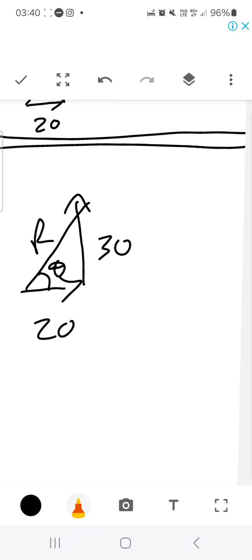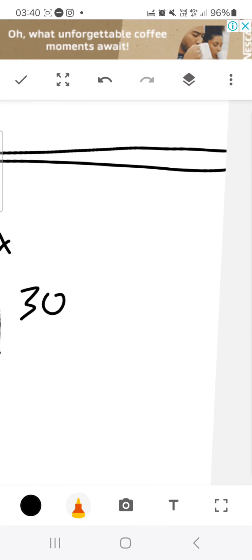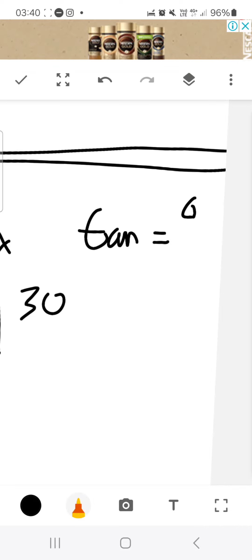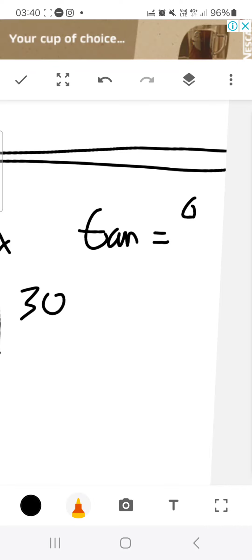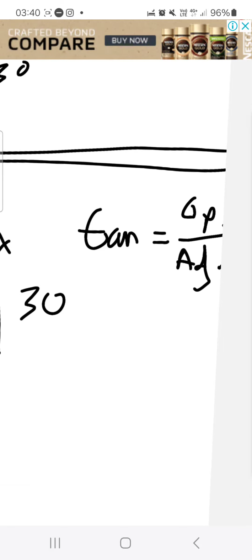If I don't want to just calculate the resultant, I could use any one of them, but if I use tan, it's going to be the opposite over adjacent. I'm going to write out the word, not just O. Opposite in the text, right? Over adjacent.